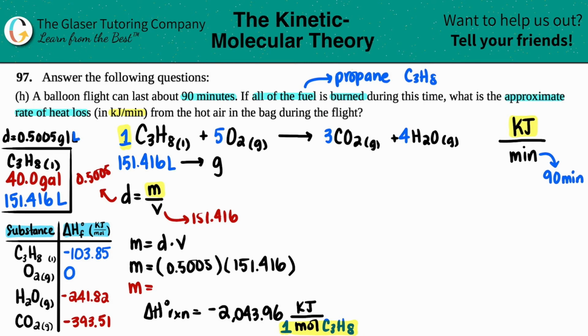This, again, is also not the final answer, so I'm not going to care about sig figs. But this is roughly about 75.784, we'll say, grams of the C3H8. So we're getting there. So this is the same thing as 75.784 grams. Well, now what's the next thing? I gotta go from grams to moles.